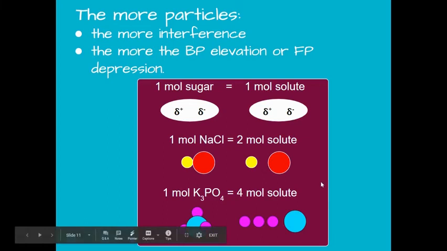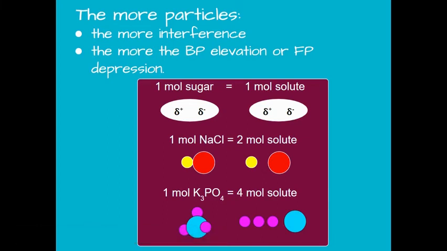And then here we've got an example of potassium phosphate, K3PO4. The blue ion is the phosphate, and then the 3 purple ones are the potassiums. And notice that when it dissolves in water, it can actually create 4 particles or 4 moles of solute. So ionic compounds tend to be much more effective at raising boiling point or lowering freezing point.